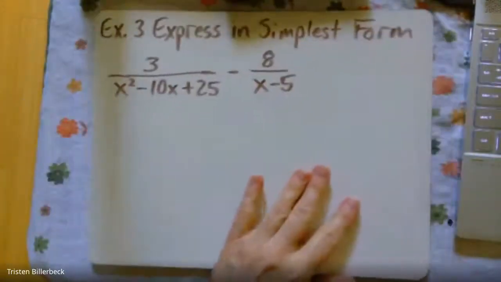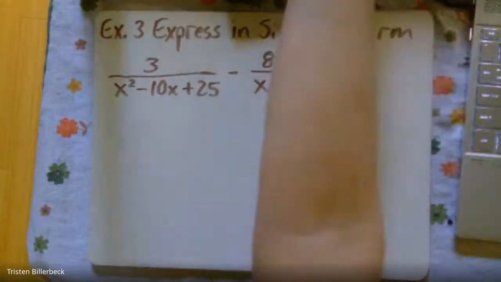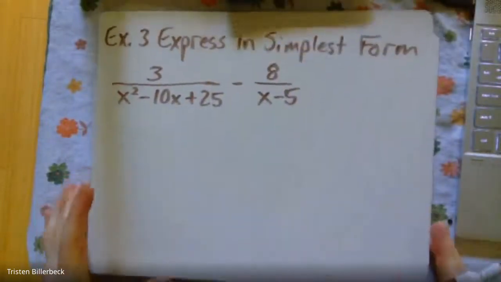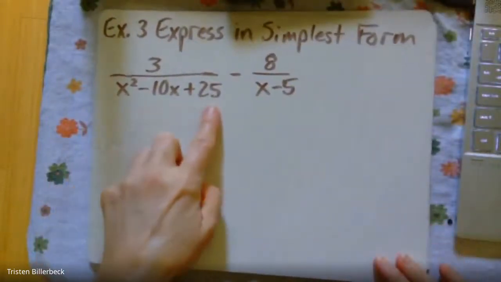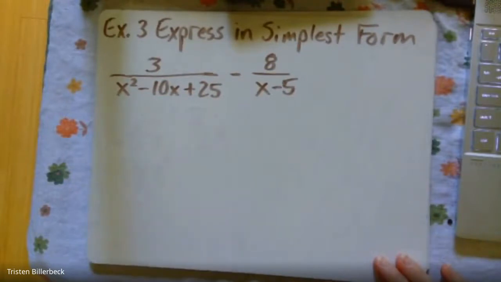Okay, the last example I have is we see, oh, a perfect square trinomial. We know what that is.